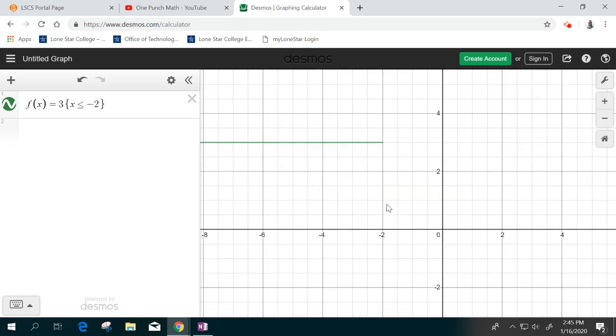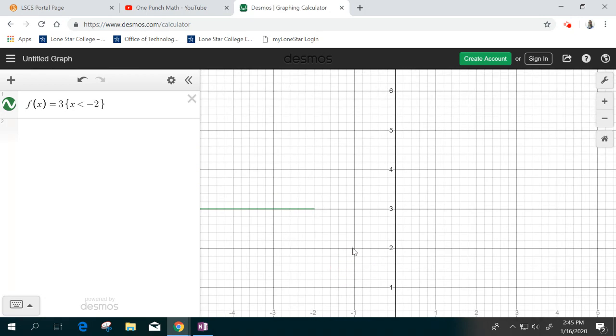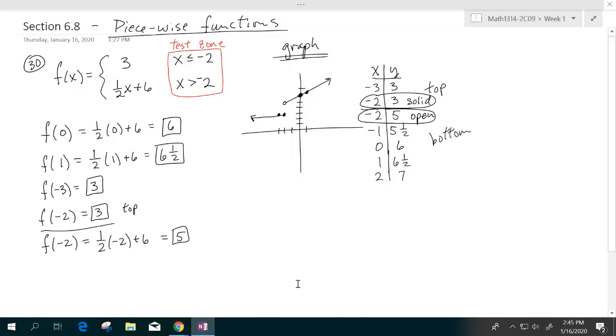If I scroll in a little bit, do y'all see that that's doing exactly what my graph did, starting at -2? It's just a horizontal line.